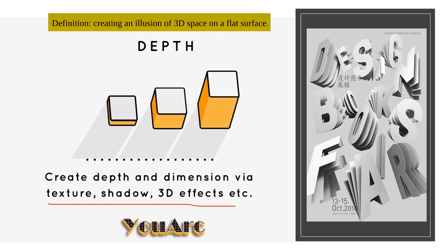All these are strategies that artists use to create depth on the 2D surface. In this particular figure example, we can see overlapping is used to create depth in this poster. All the letters are overlapped to create a depth here. So hope you understood what is depth.